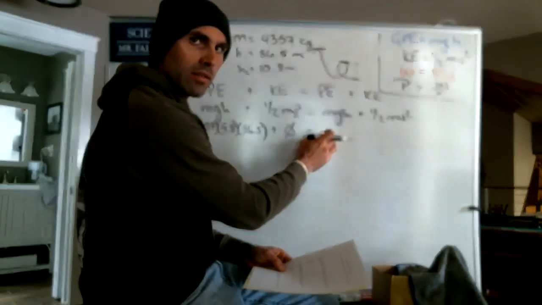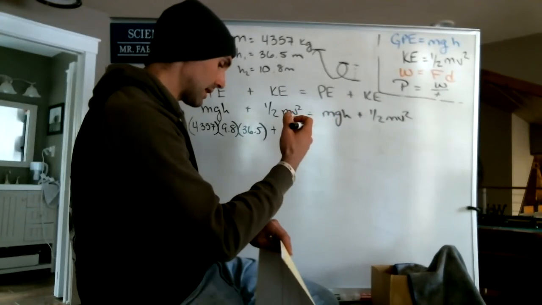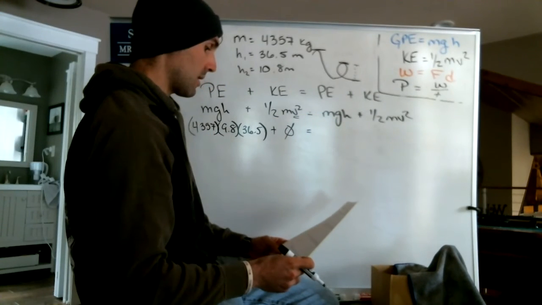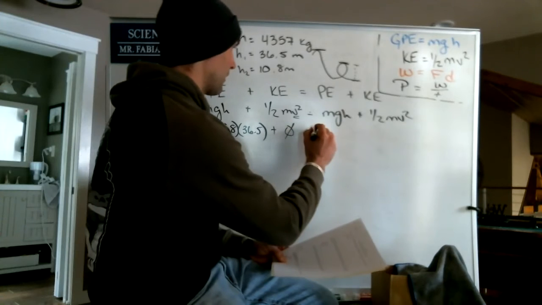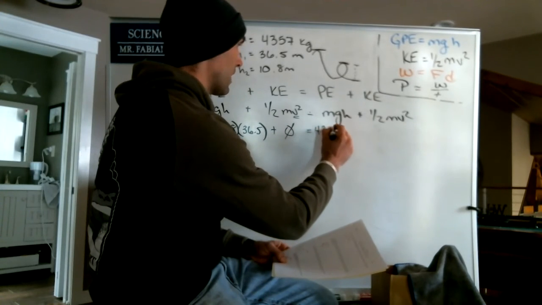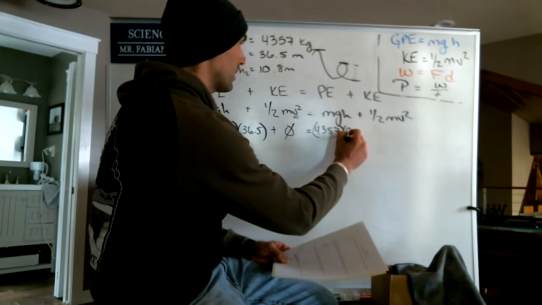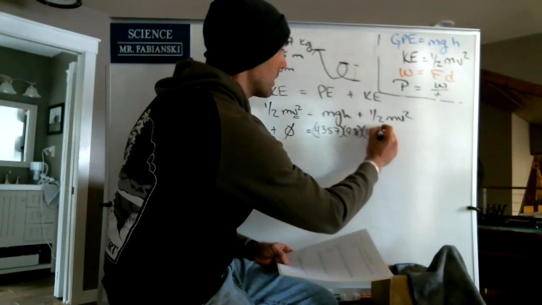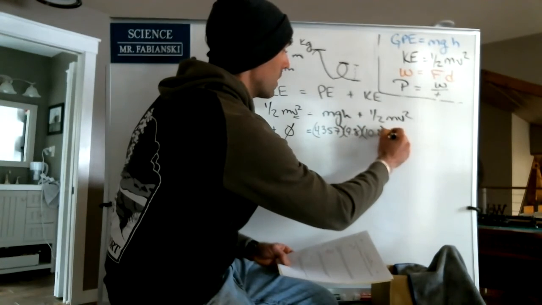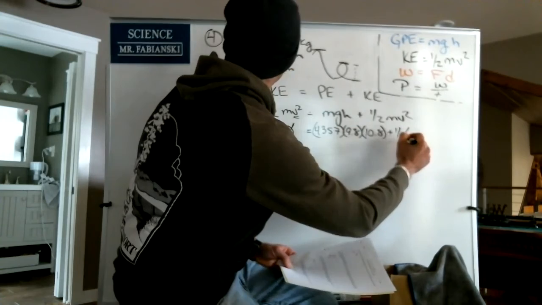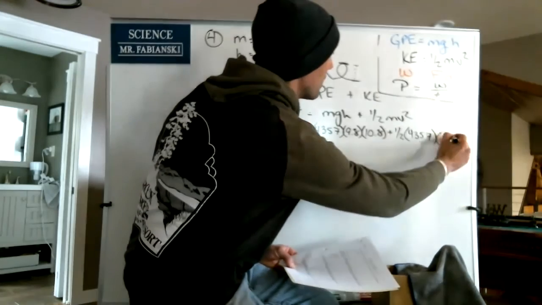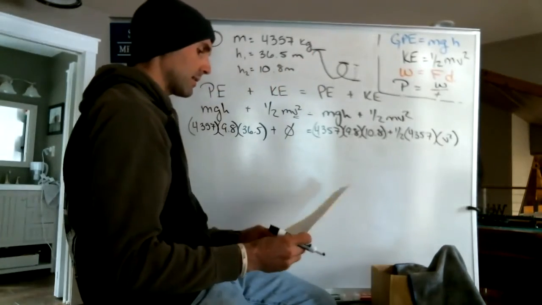But we still have gravitational, so we still need to plug it in. Mass, we got that: 4,357 times 9.8 times the new height of 10.8, plus 1/2 the mass, 4,357, times the velocity.